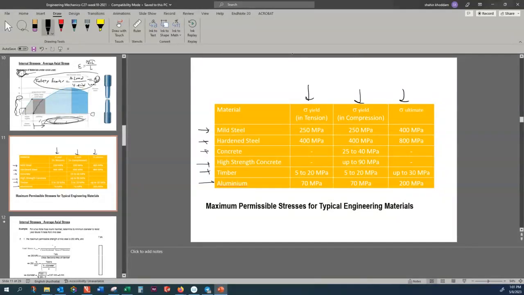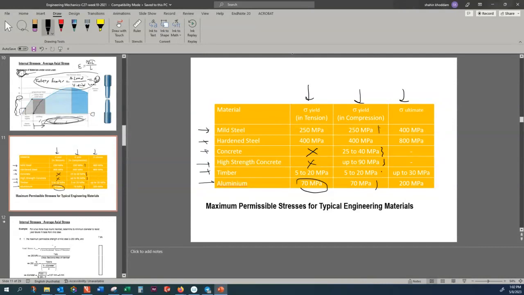The yield limit for steel is about 3 times higher than that of aluminum. Concrete is not that weak, but very interestingly, concrete in tension is a very poor performer. It breaks, but in compression, it is relatively good. It's better than timber, but poorer than aluminum and poorer than steel.